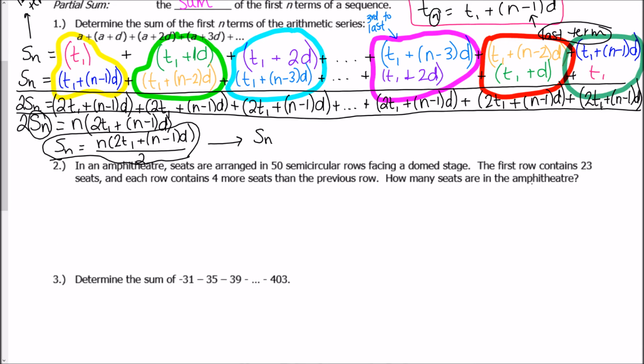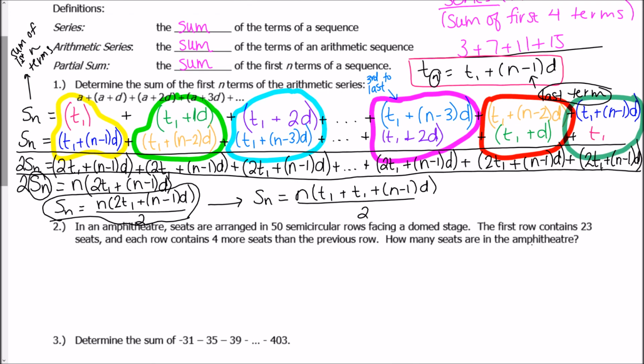If we have the sum of the first n terms equal to n times 2t sub 1, we can just say t sub 1 plus t sub 1 instead of 2t sub 1, and then I'll copy the rest of it down, plus n minus 1 times d all over 2. Now, if you remember, this t sub 1 plus n minus 1 times d is t sub n.